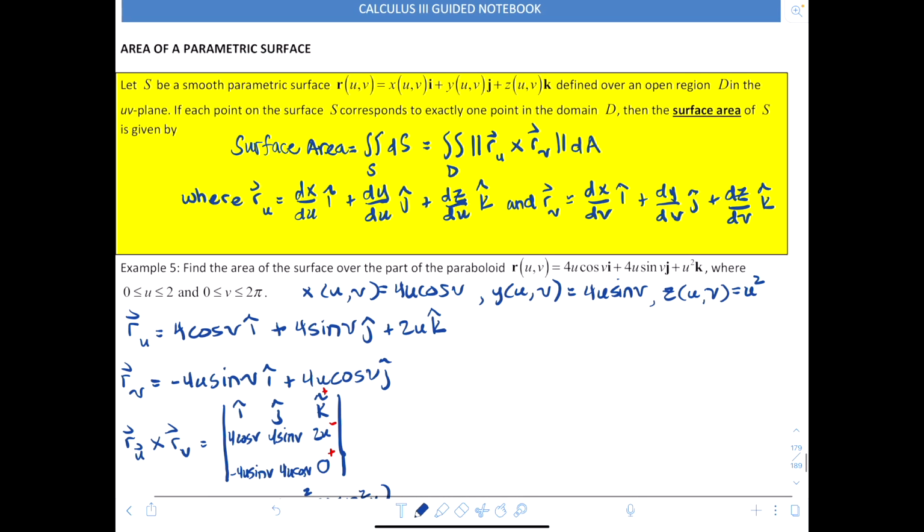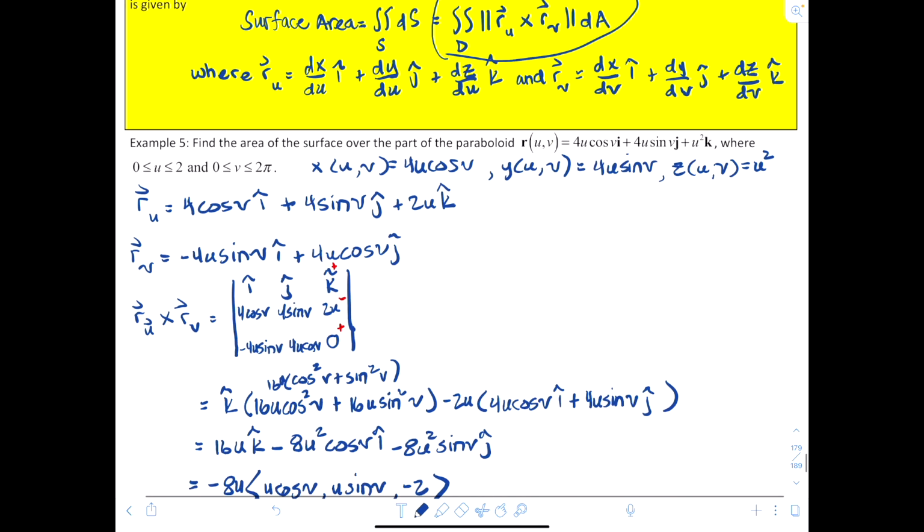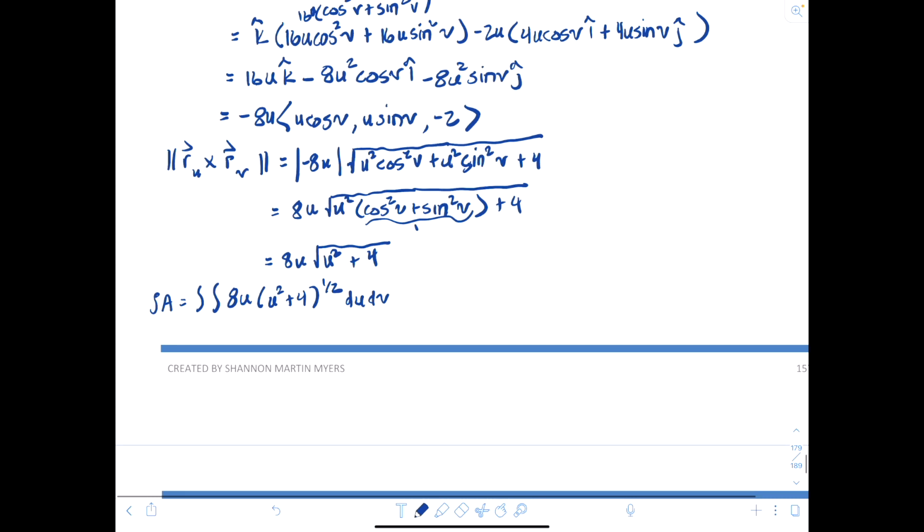And so we're using this formula here. And so now that means u is going between 0 and 2, and v is going between 0 and 2 pi.